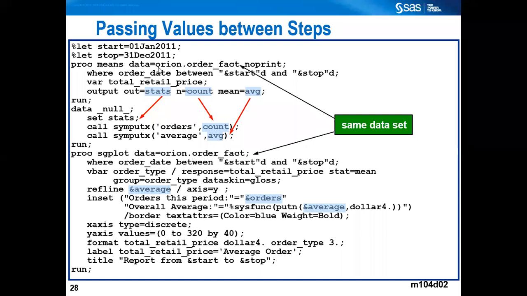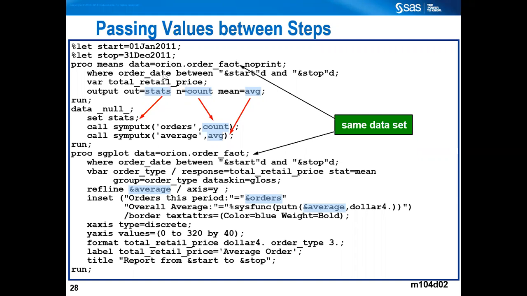And with PROC MEANS, you can process your data with Orion.order_fact data. You're not creating an output report where you're subsetting your data on the start and stop date. Your analysis variable is total retail price.